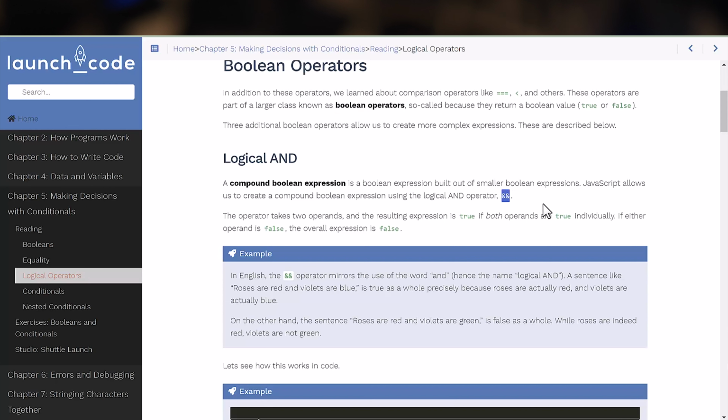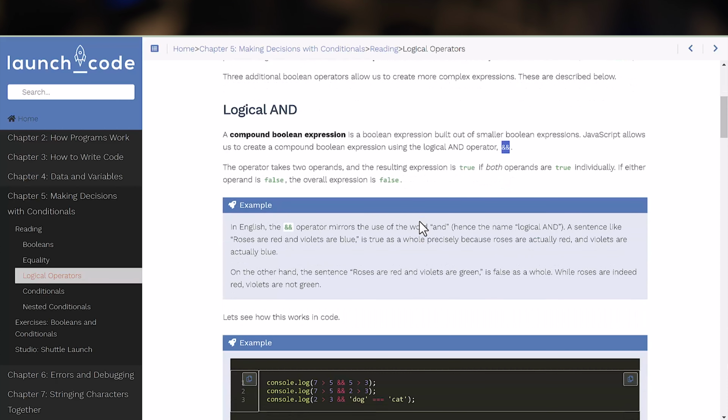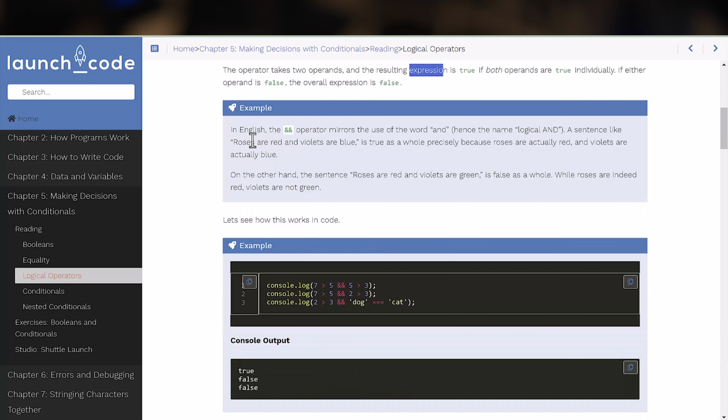These are described below. The logical AND. A compound Boolean expression is a Boolean expression built out of smaller Boolean expressions. JavaScript allows us to create a compound Boolean expression using the logical AND operator, which is these two symbols, the two ampersands. The operator takes two operands.